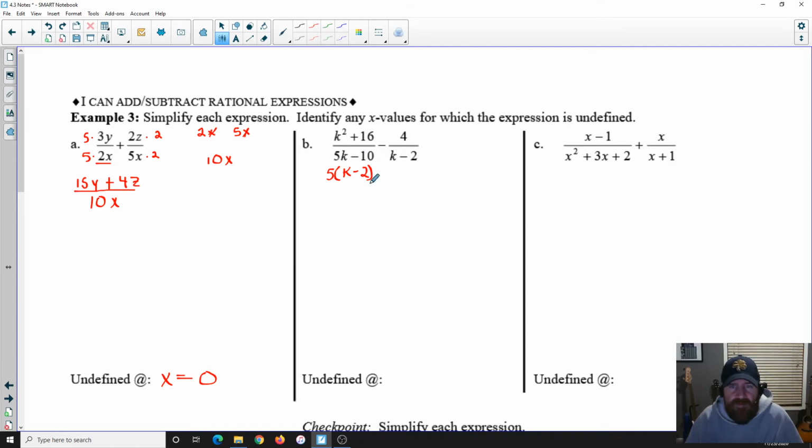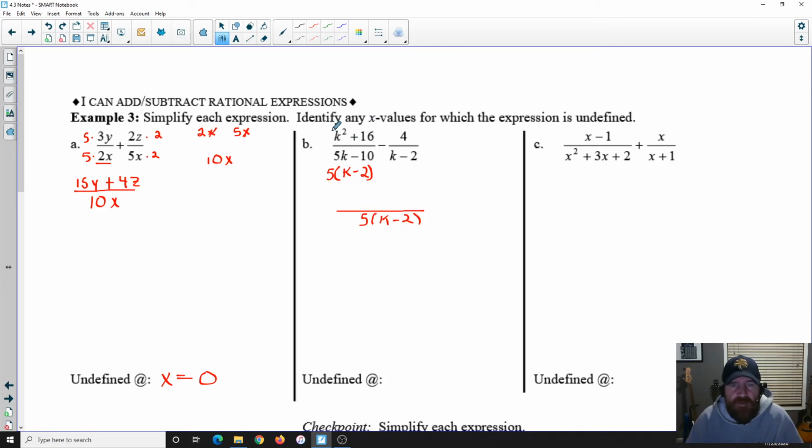So when we write this as a common denominator, we don't have to do anything to this top as far as multiplying because this is the common denominator.